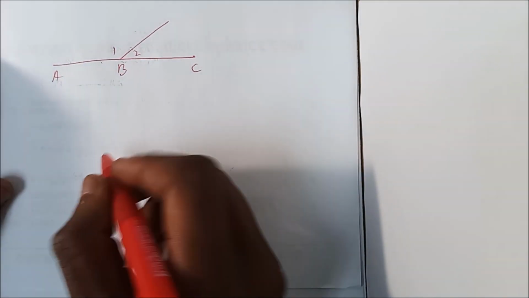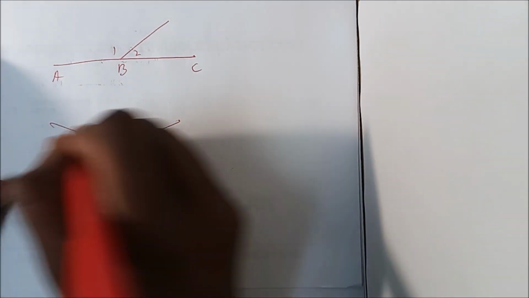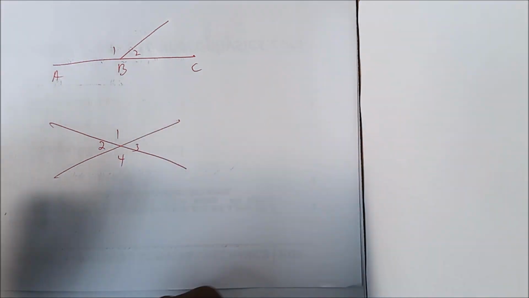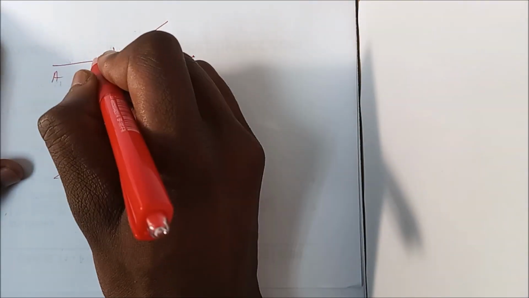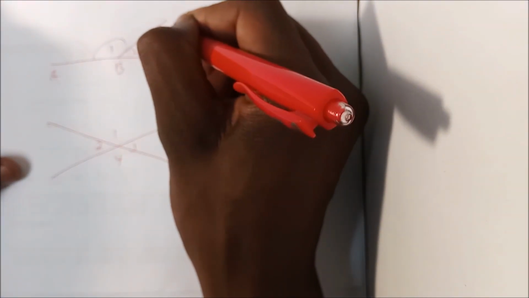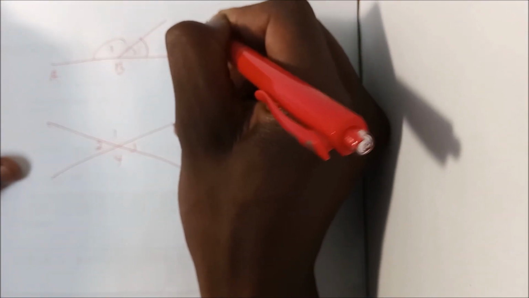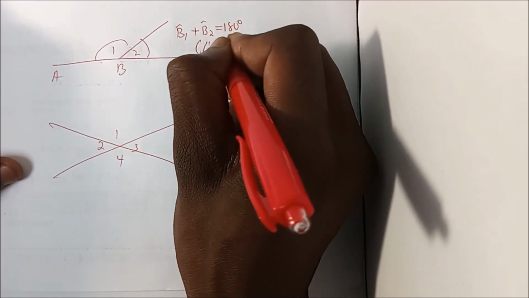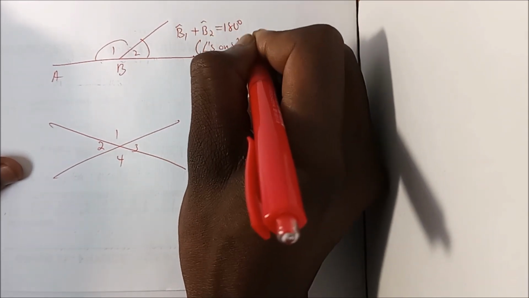So this is a straight line, and then we have vertically opposite angles. I'm being fast here. So what we know about a straight line is that this angle plus this one, so that means B1 plus B2 equals 180 degrees, and the reason is angles on a straight line.